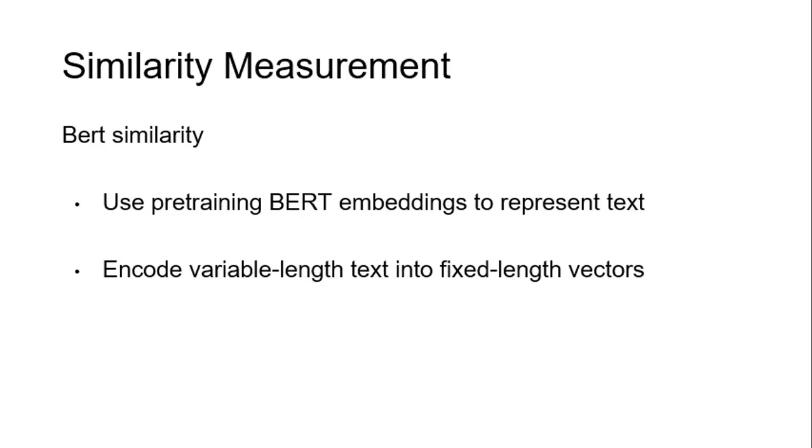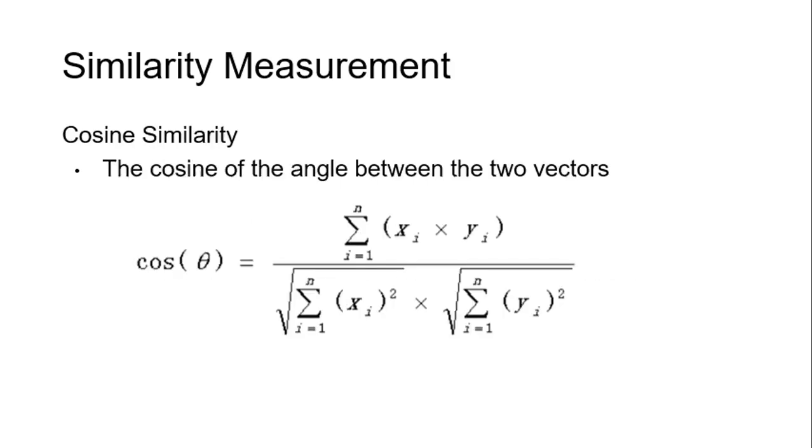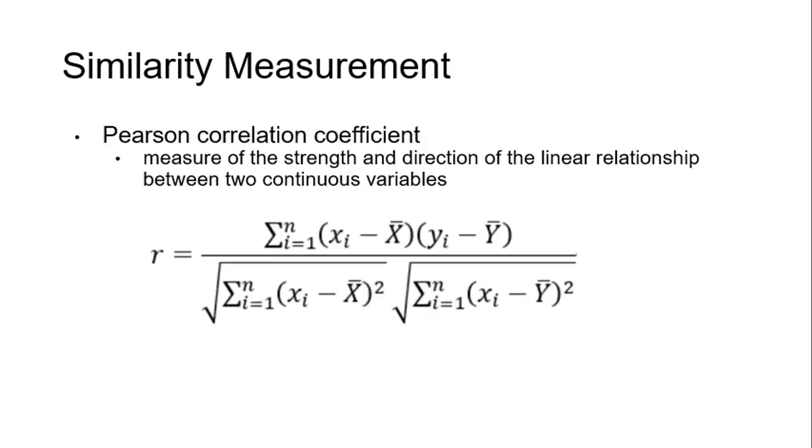Basically, we use the pre-trained BERT embedding to represent the text, so we encode the text into vectors. For the similarity, we use the cosine similarity, which is the angle between two vectors. We also use the Pearson correlation coefficient to measure the strength and direction of the relationship between the two vectors.